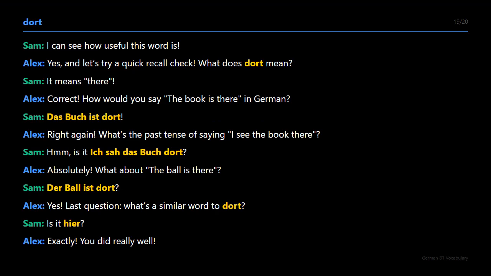Absolutely. What about the ball is there? Der Ball ist dort. Yes. Last question, what's a similar word to dort? Is it hier? Exactly. You did really well.